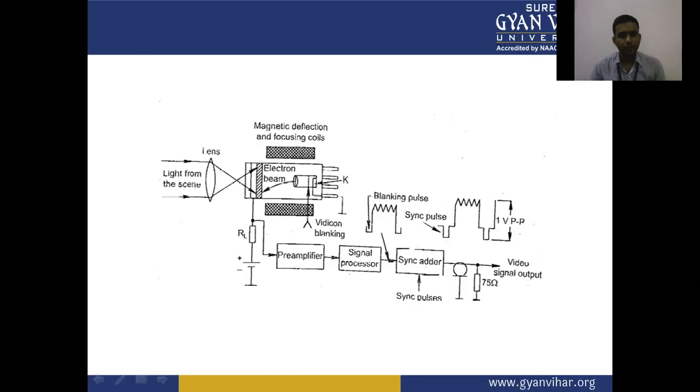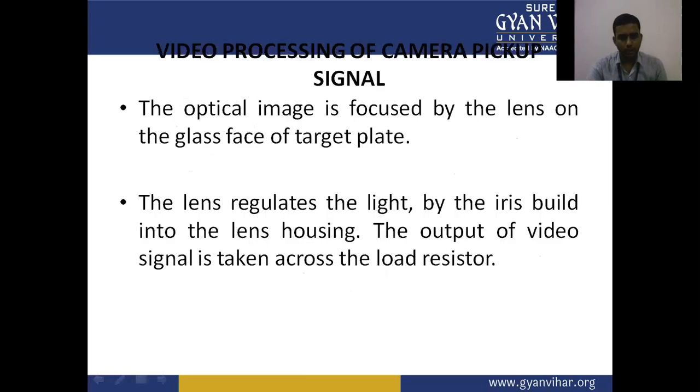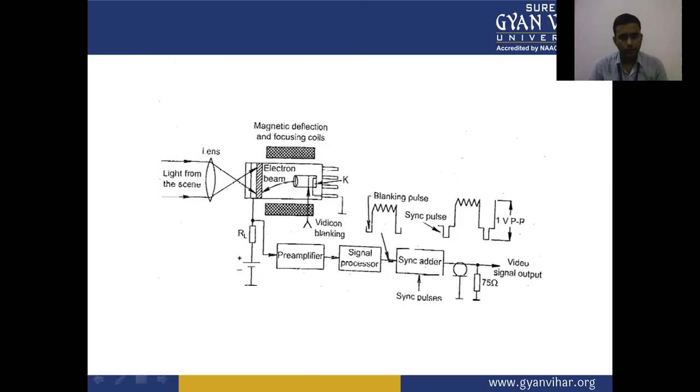This is the principal diagram of the camera tube, showing how the camera develops the video signal. The light from the scene is focused by the lens, which produces the light signal that is passed onto the glass plate or target plate, and the cathode gun produces the electron beam.